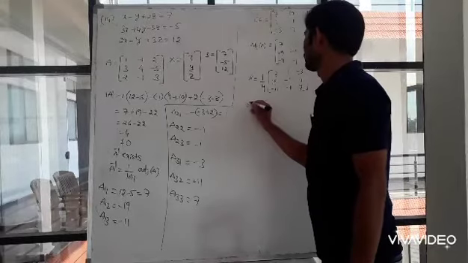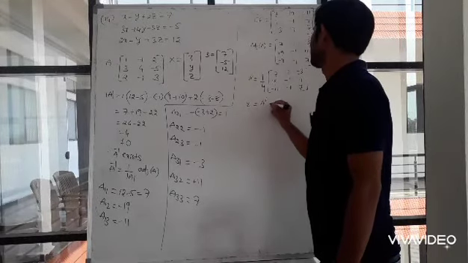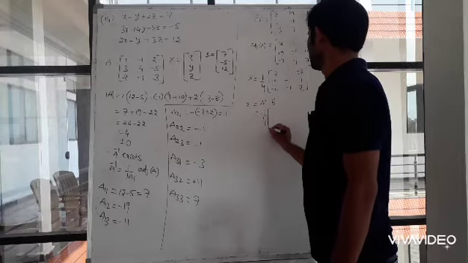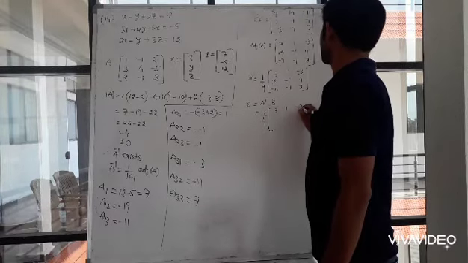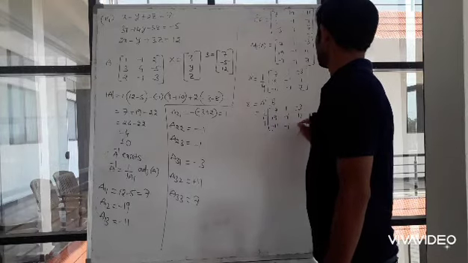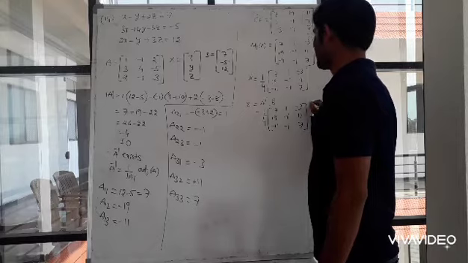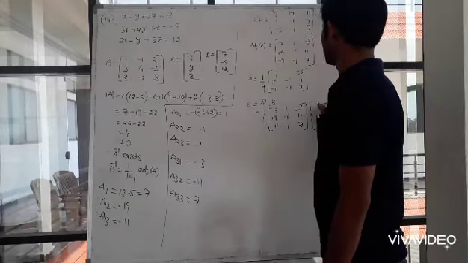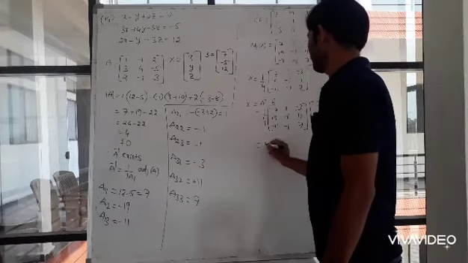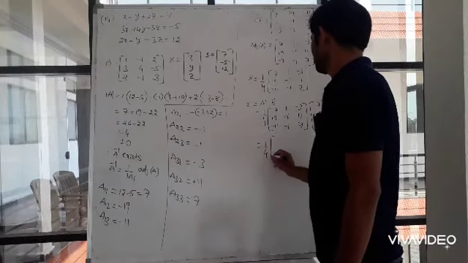Then X is equal to A inverse into B, which is equal to 1/4 into 7, 1, -3, 19, -1, 11, -11, -1, 7 into B. What is B? 7, -5 and 12. So 1/4 keep as it is.